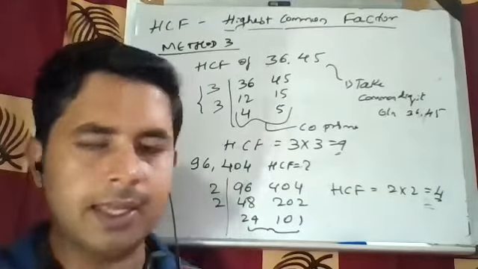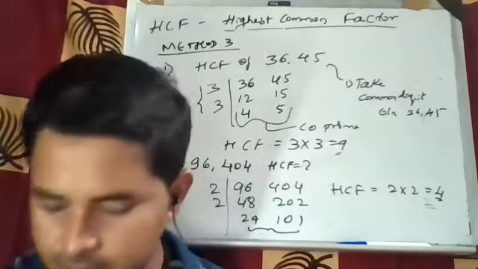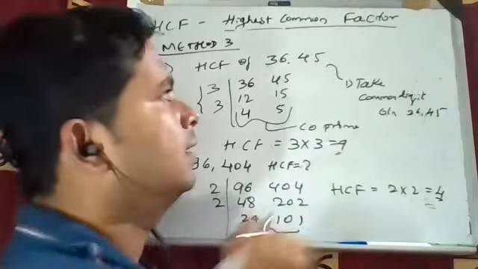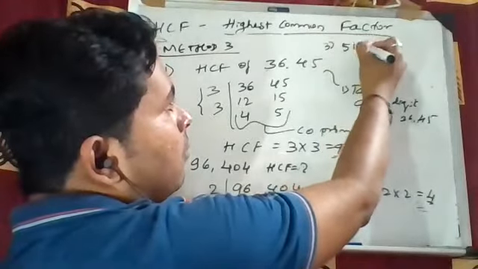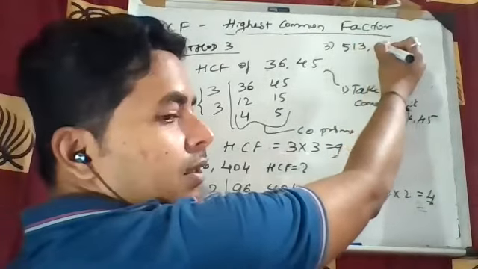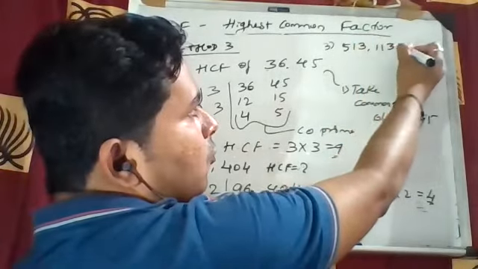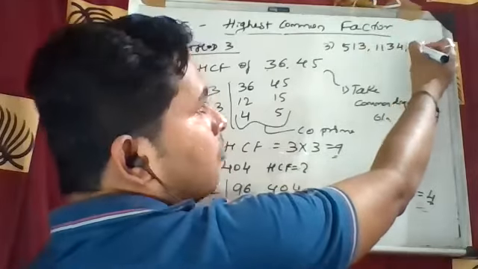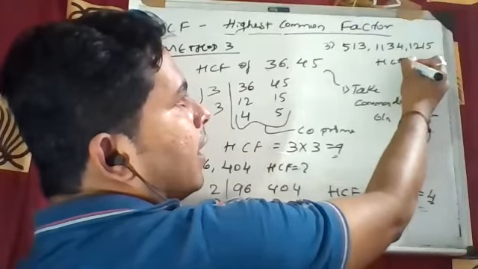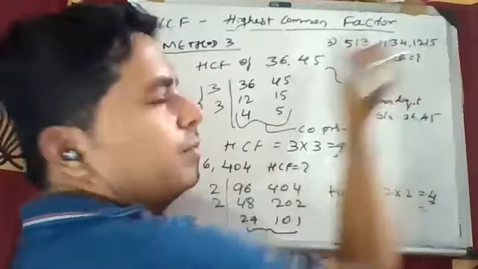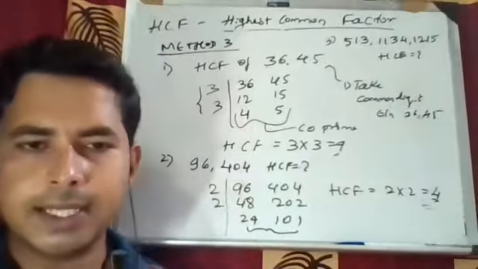Similarly, I'll give one more example. You people try that. Third one: 513, 1134, 1215. So what is the HCF?